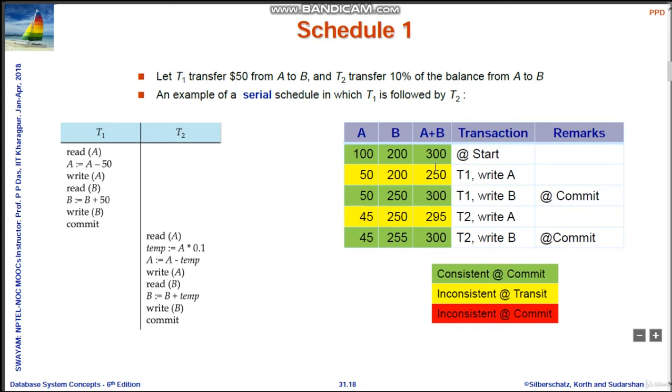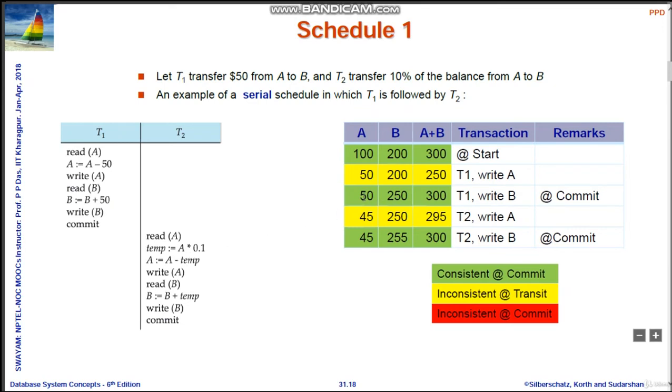Our system is consistent. Okay, now T1 is committed, that means these values will be reflected in the database. Now again read A, temp, and write A. T2 writes A. So what happens? It reduces some value. How much?